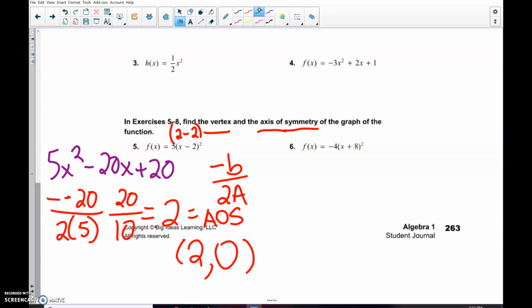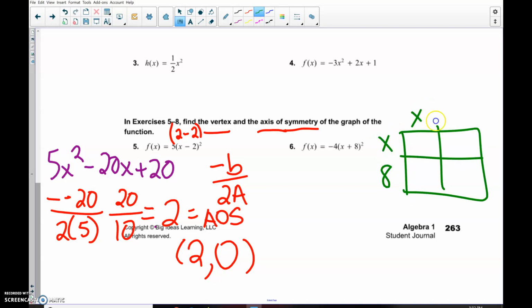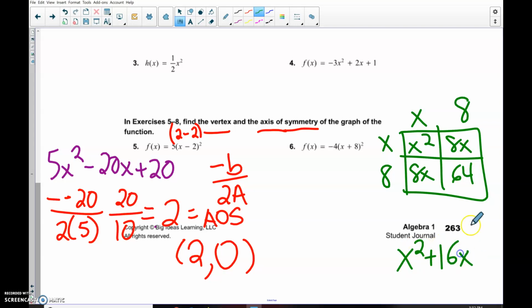Okay, kind of the same thing here. So if I make my Punnett square for x plus 8, I get x squared, 8x, 8x, and 64. So that ends up being x squared, 8x and 8x gives me 16x, and then there's my 64. Then same thing, all this needs to get multiplied because I have that -4 on the outside.